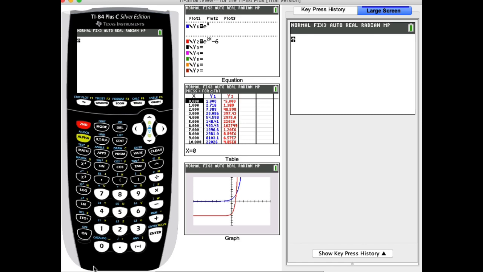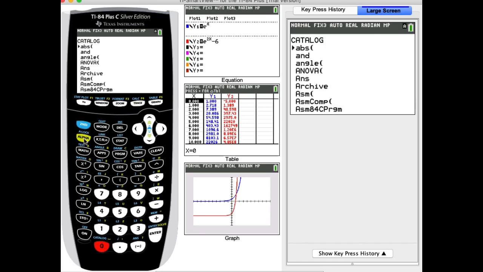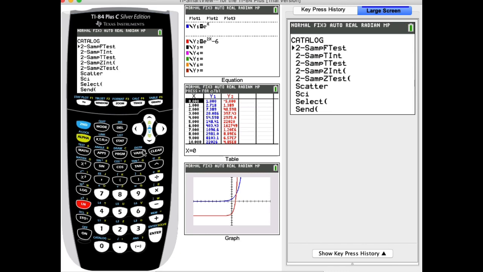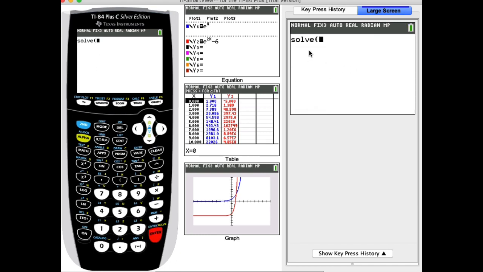Enter. You see on the screen there is solve.